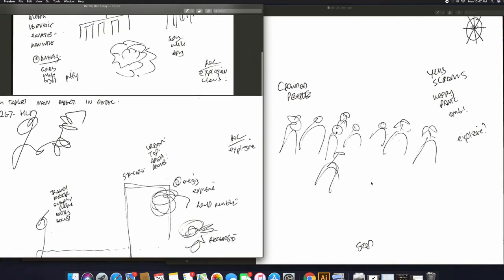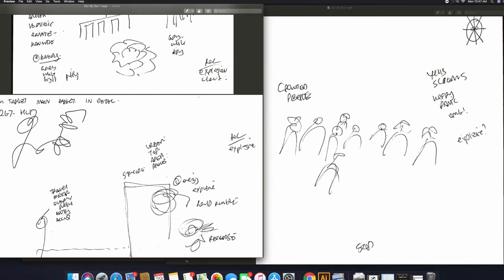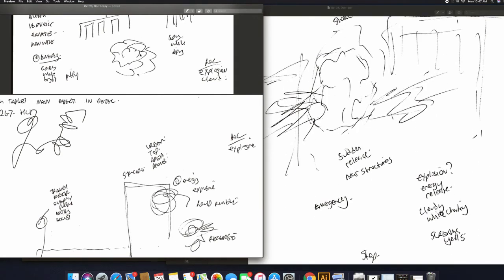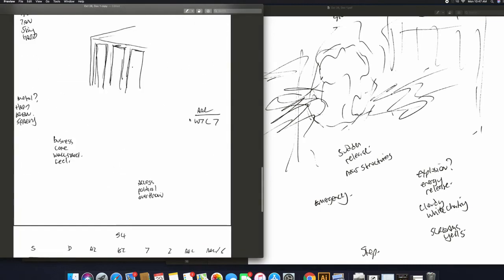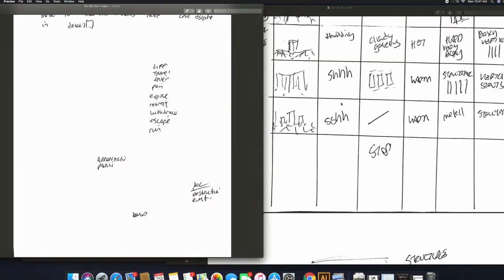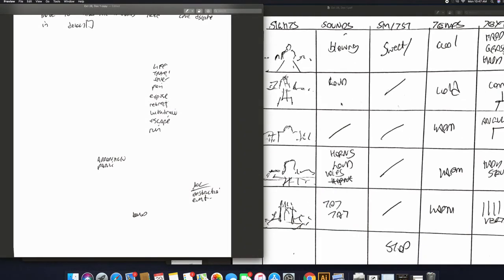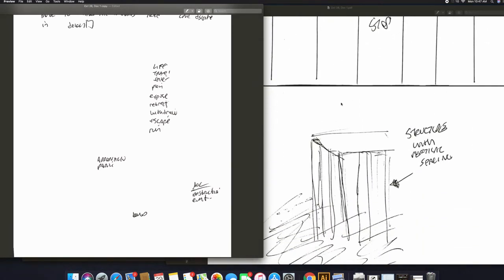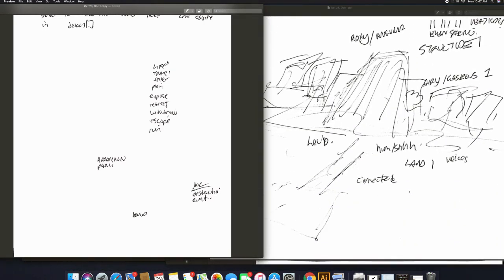I had explosive, clouds. The same information is coming through, just in different forms, different ways of collecting, different ways of displaying.